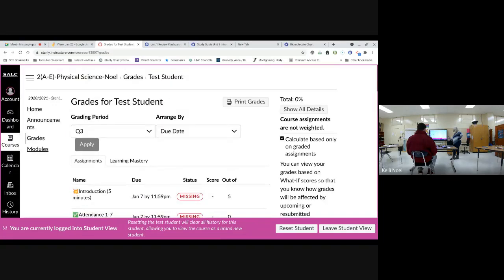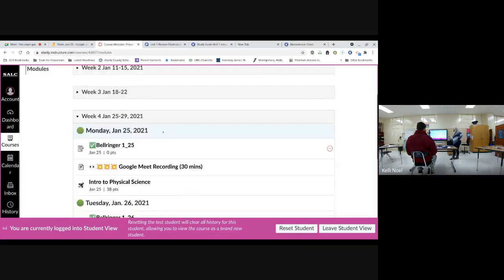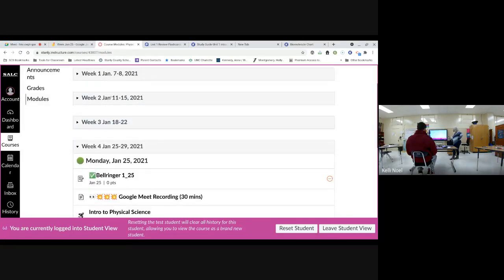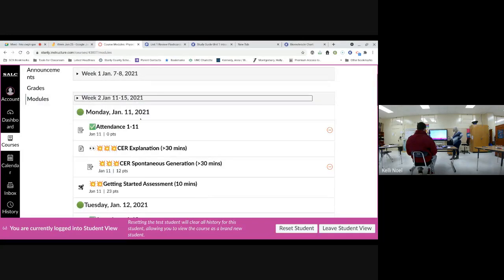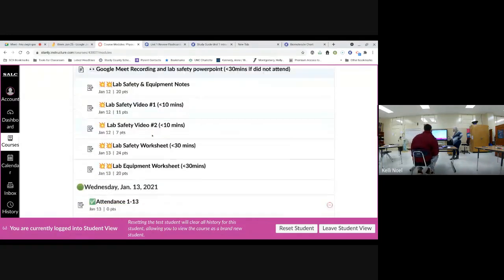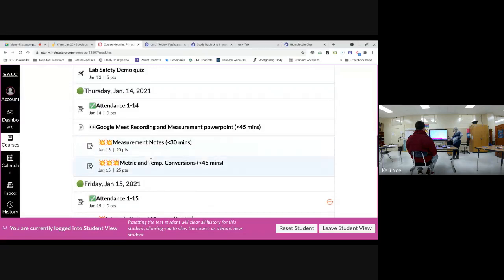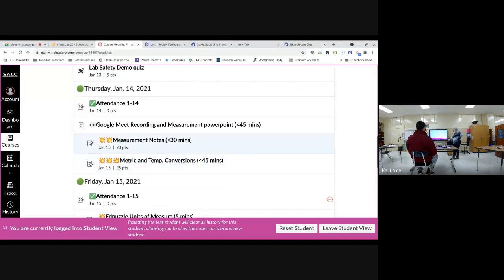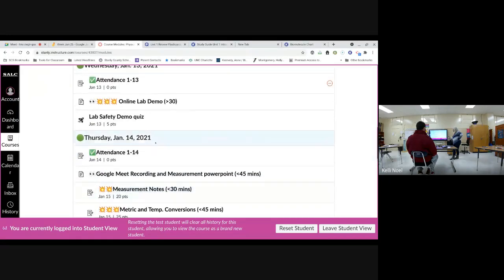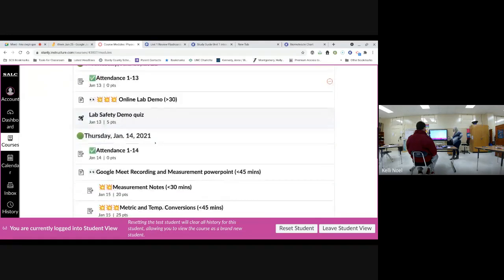You'll have to go to modules and look for where January 14th is, which would be week 2, and see which one of those you were going to miss. And notice the scientific notation assignment's not here, so I'm going to look and see where it is.